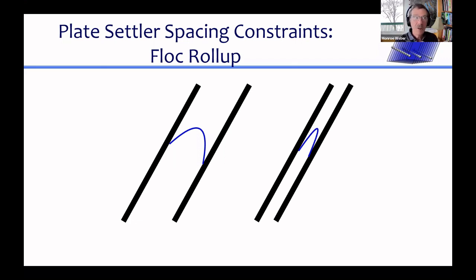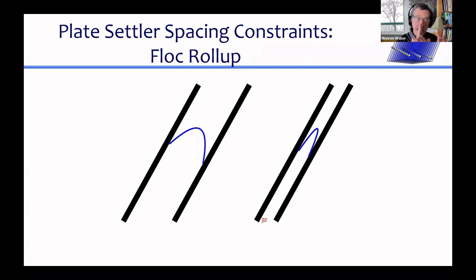But if you're just a little bit away from the plate, what happens with these two different systems? Or more to the point, what's the velocity at the center of the floc in both of these cases? The average velocity is actually the same in these two systems.